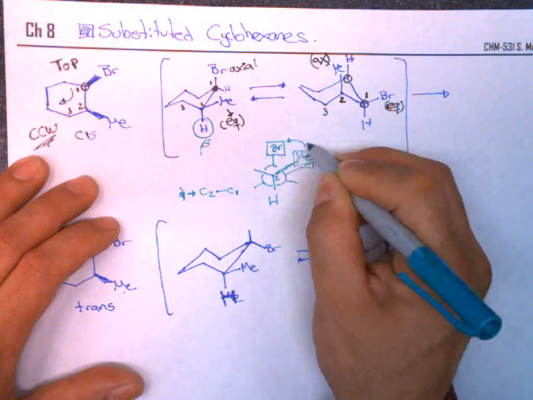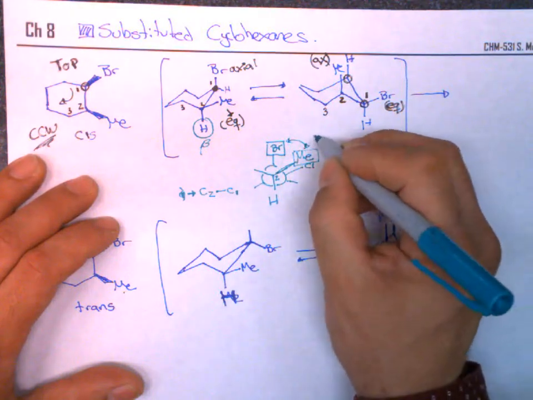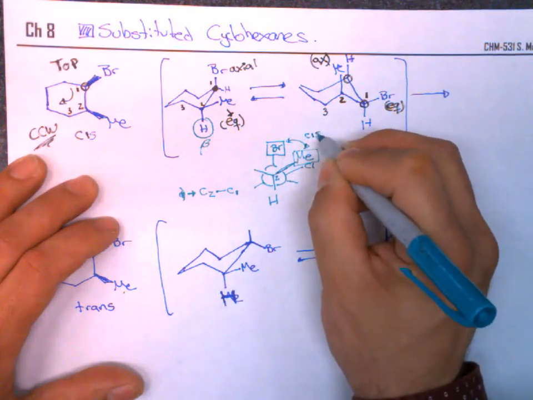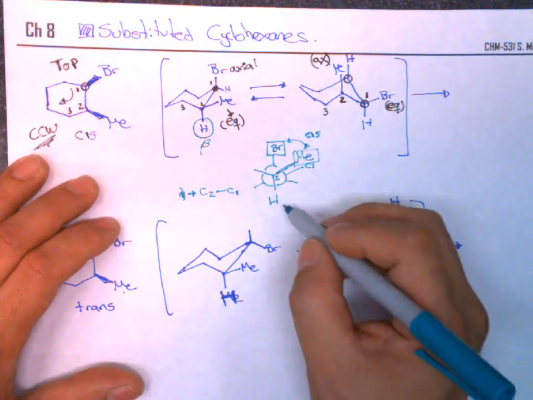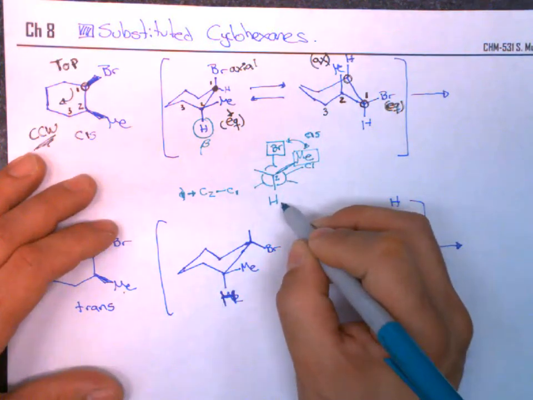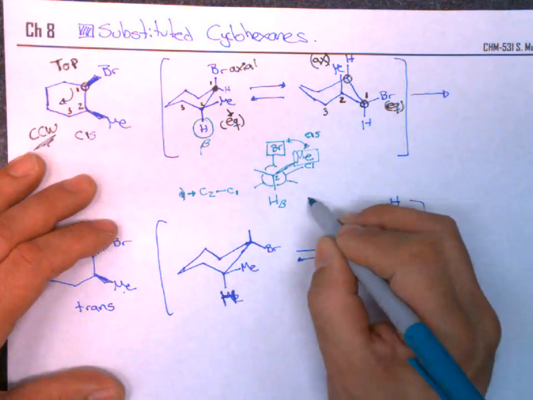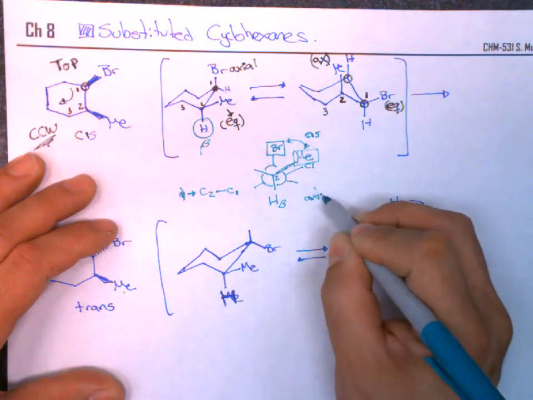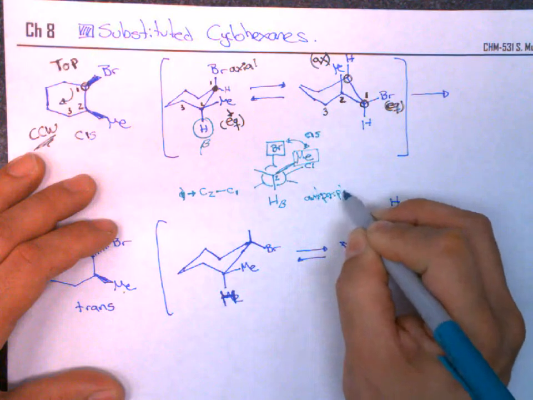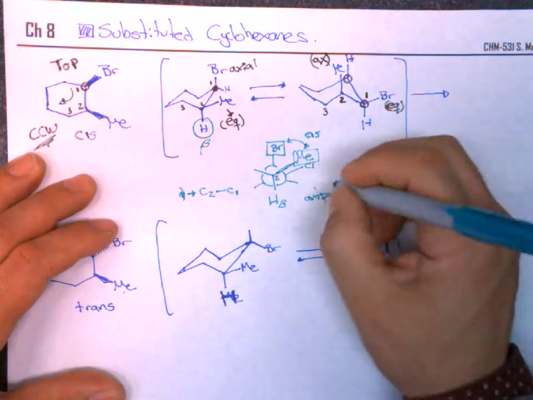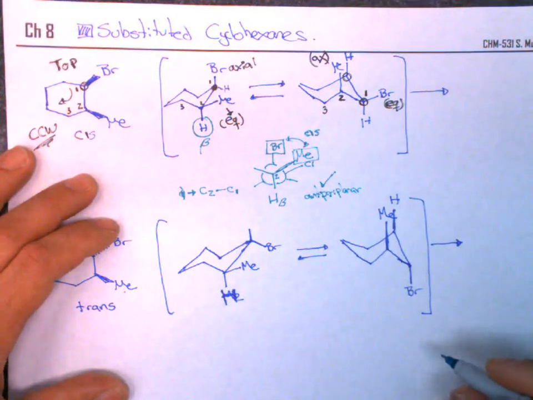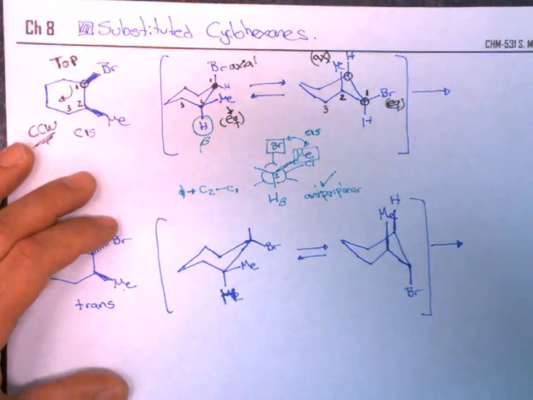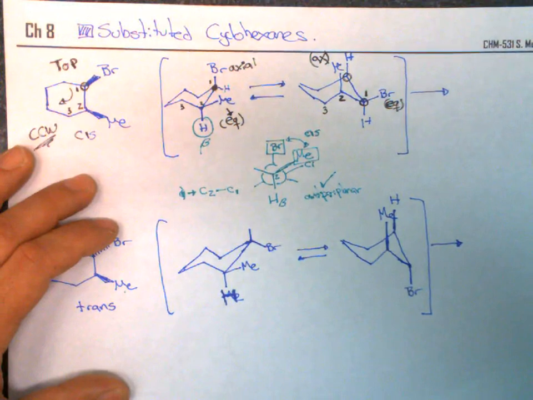And so right here we can see that these are cis, right? Now this beta hydrogen is anti-periplanar. And so this is ready to be eliminated. This conformation can eliminate.